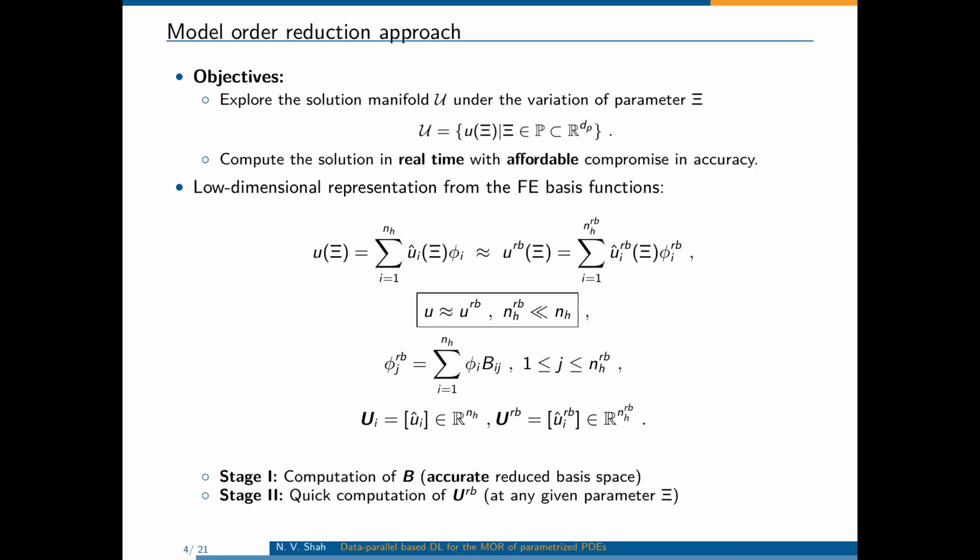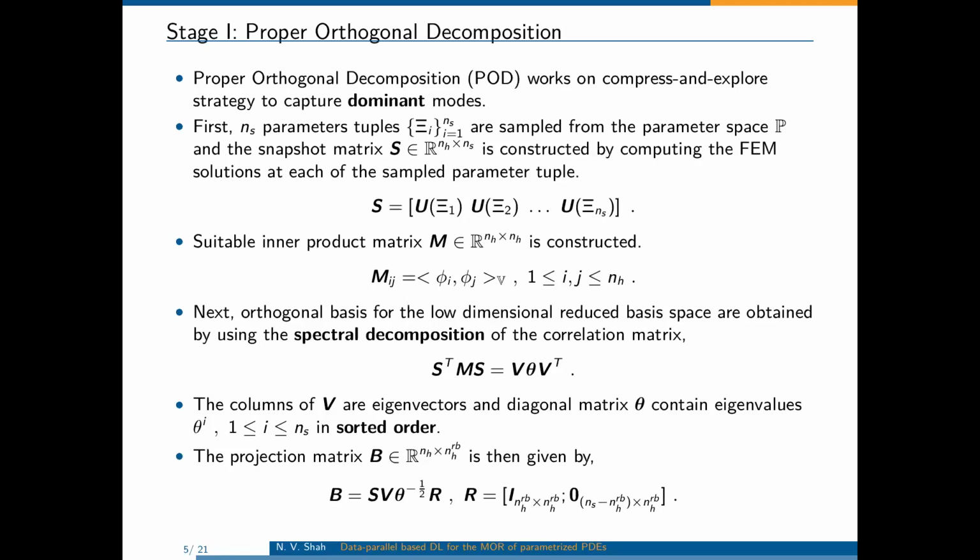In this context, model order reduction proceeds in general in two stages. One is the construction of the accurate reduced basis space, and the other stage is the quick computation of the reduced basis degrees of freedom, where at different parameters we have to evaluate the reduced basis degrees of freedom corresponding to these parameters. There are many methods to construct the reduced basis space, and I will introduce here proper orthogonal decomposition, which is a well established method. Proper orthogonal decomposition works on a compress and expose strategy, which means that it creates a snapshot matrix, which approximates the solution manifold by taking into account the parameter variation in the parameter space.